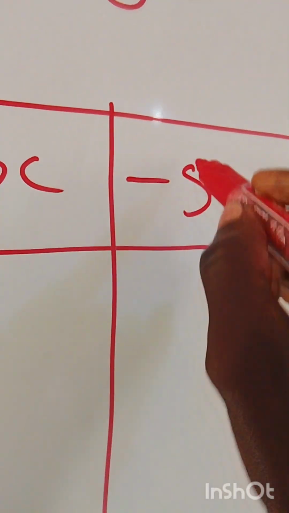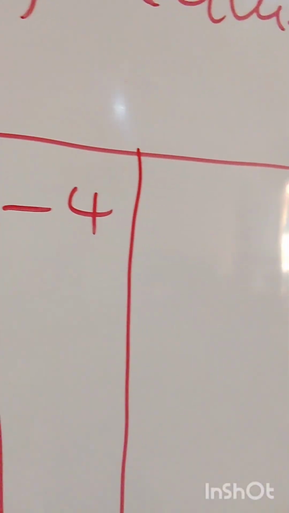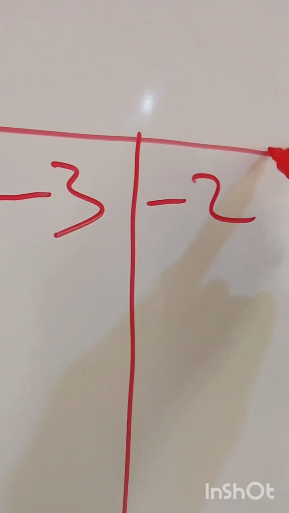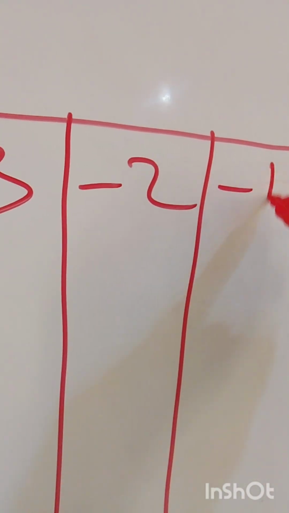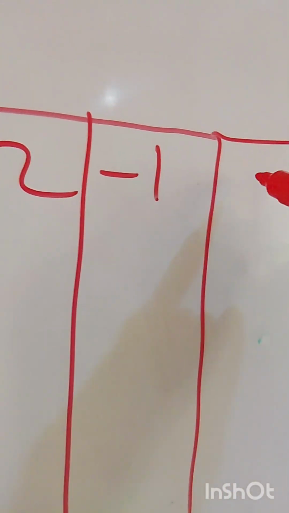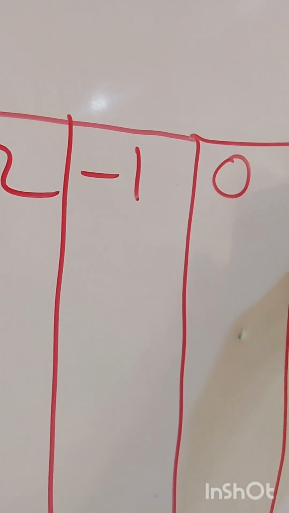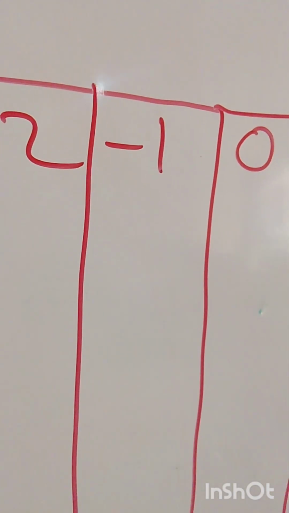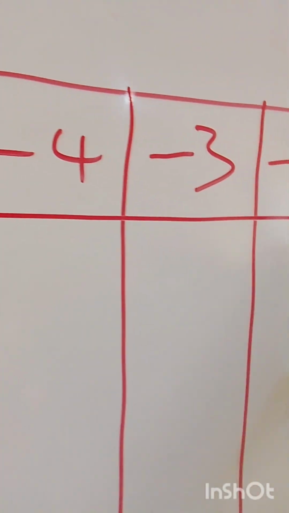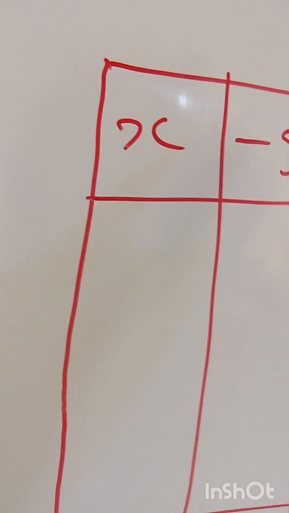So we have -5, -4, -3, -2, -1, 0, 1. That is our +1. We stop here. We have gotten our x column.